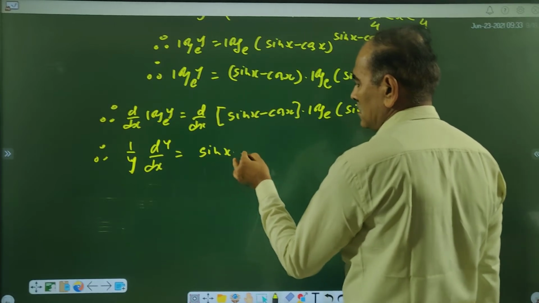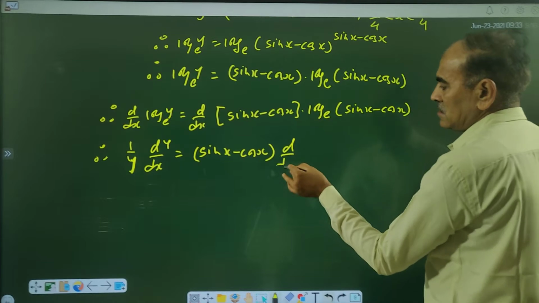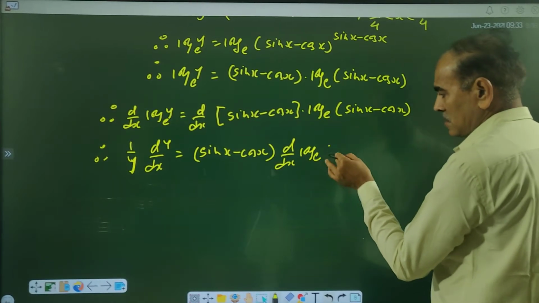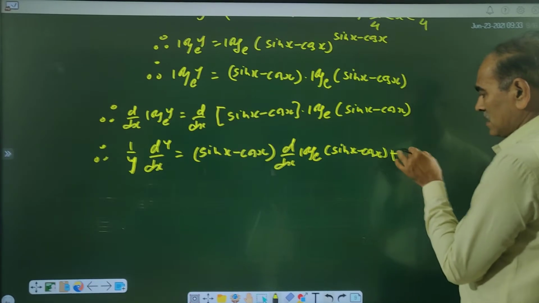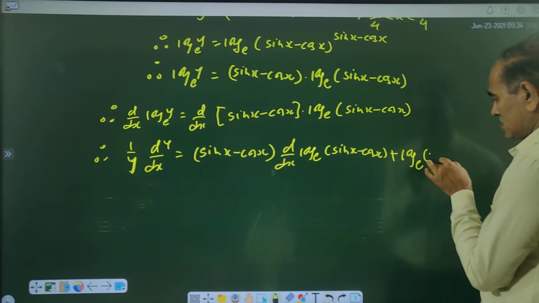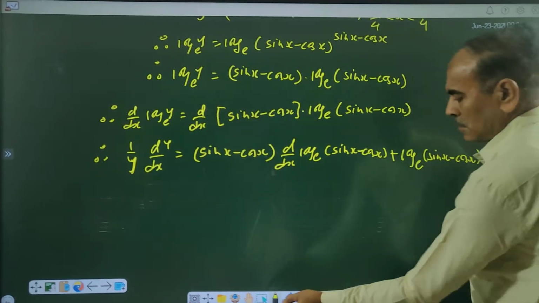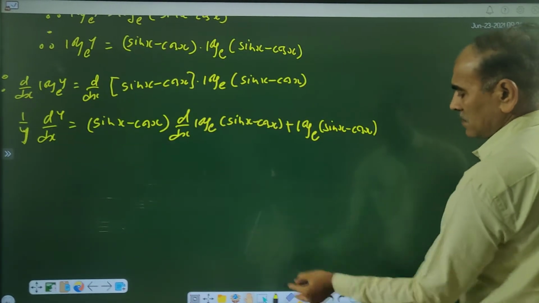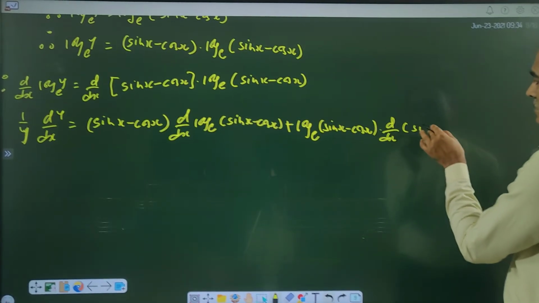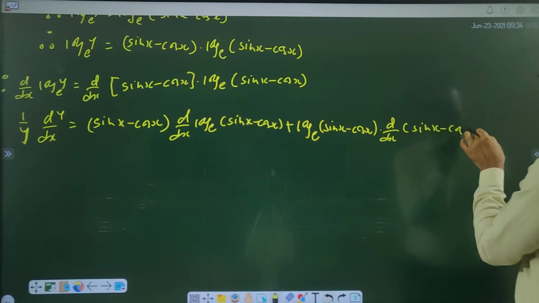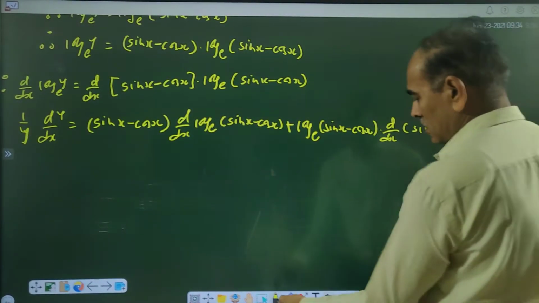Here it is a product: the first function as it is, into the derivative of the second one, plus the second one as it is, into the derivative of the first one. Okay. So what do we get here?